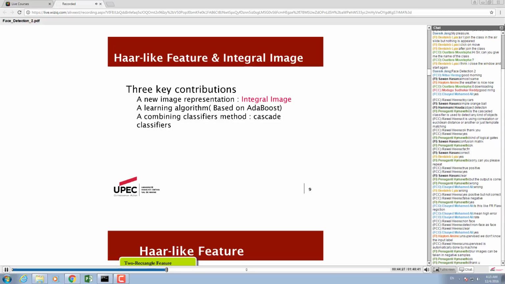In this paper, they are using the Haar-like feature. Haar is a very traditional, very old and well-known type of feature representing texture. It is a very simple texture feature, giving us information about the pattern of some small region.